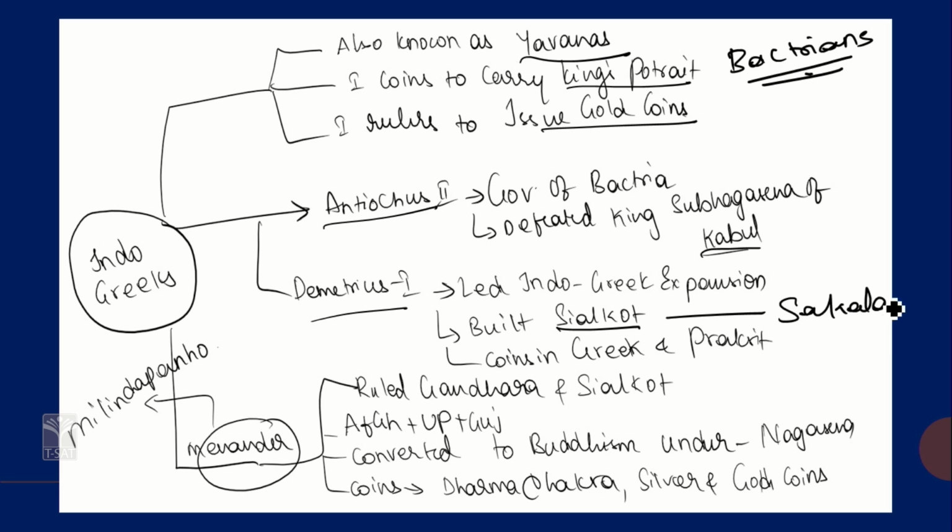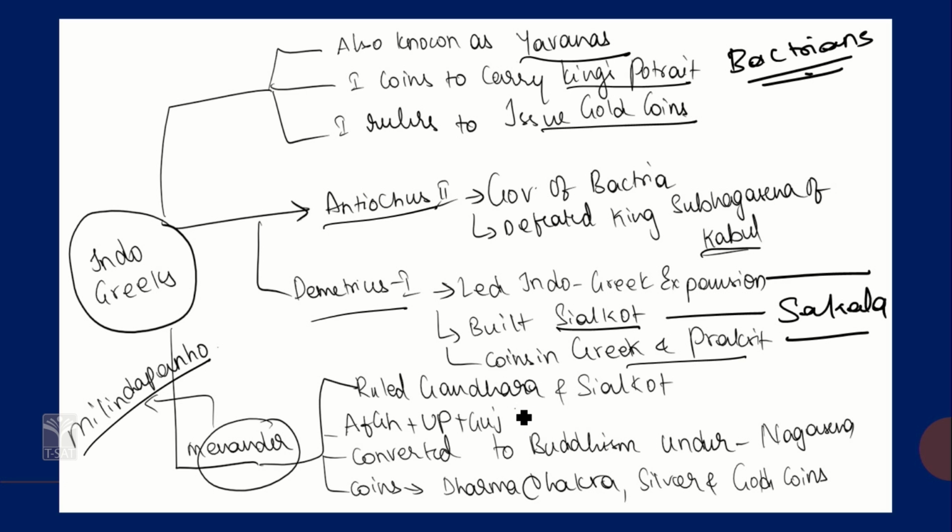Sometimes these prelims questions also come about the old names of the different cities of today. Like for example, Allahabad, previously known as Prayagraj, Sakala, today known as Sialkot. The coins in Greek and Prakrit were also given by Demetrius I, but obviously, as I said, the most popular Indo-Greek king was Menander.